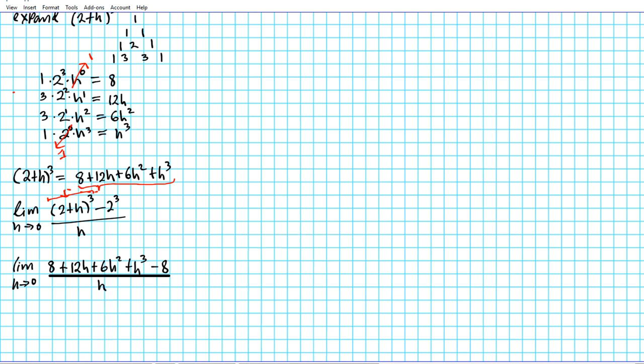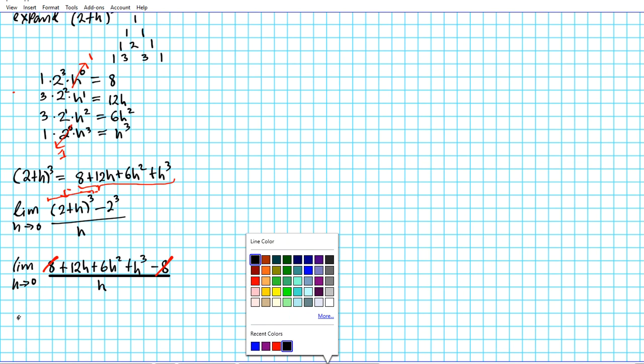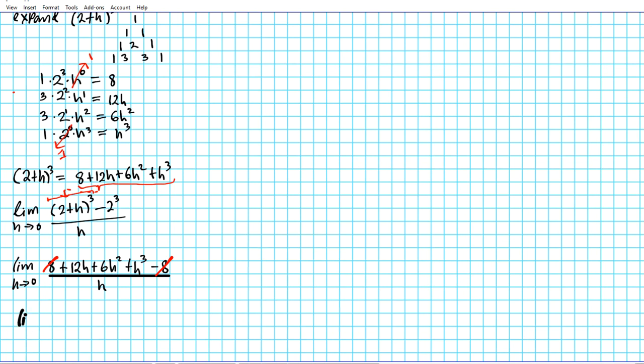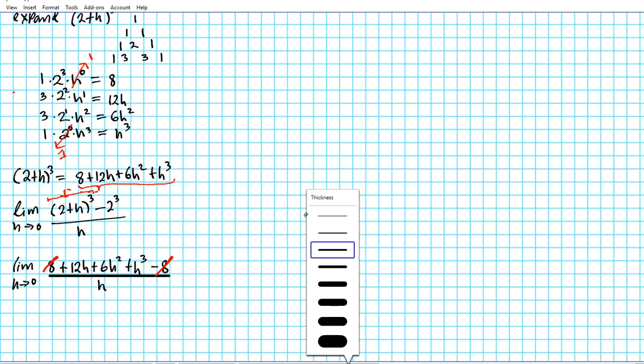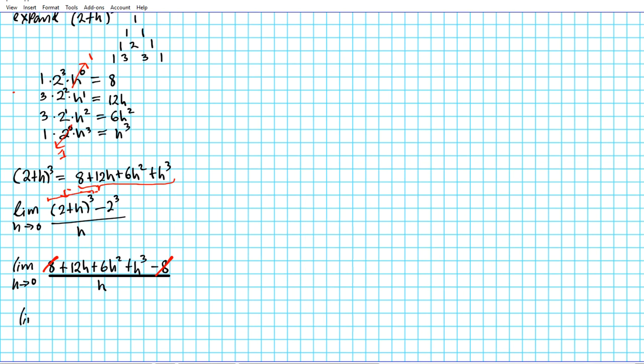Let's see what happens. You notice that the 8 and the minus 8, we can subtract those. That's subtracted out, and we are left with the limit as h approaches 0. Now another thing you'll notice is that h is common in these three terms, so we can factor that out: h times 12 plus 6h plus h squared, divided by h.